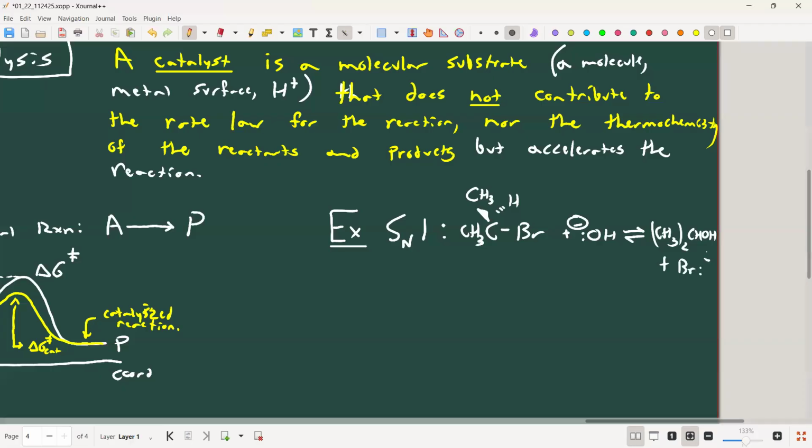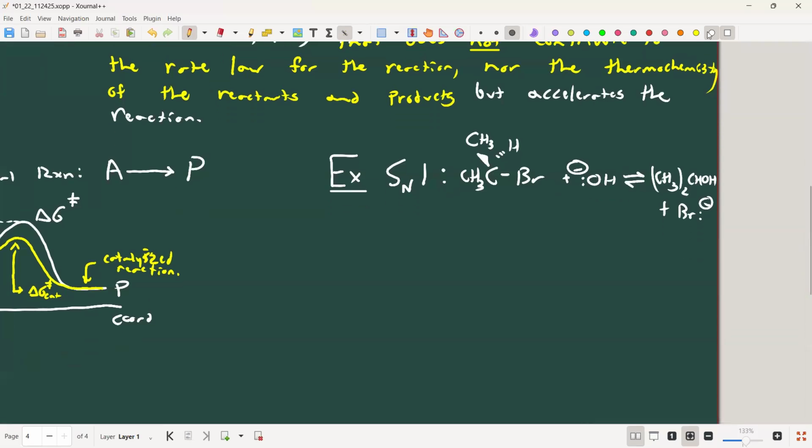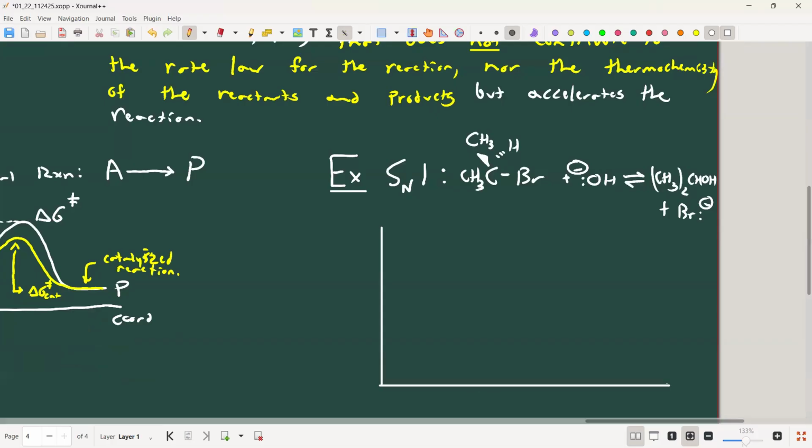We've already looked at a reaction like this, but this is SN1. Remember, SN1 undergoes an ionization step where the alkyl halide breaks apart into a cation and an anion. It's a two-step reaction. So let's look at that.